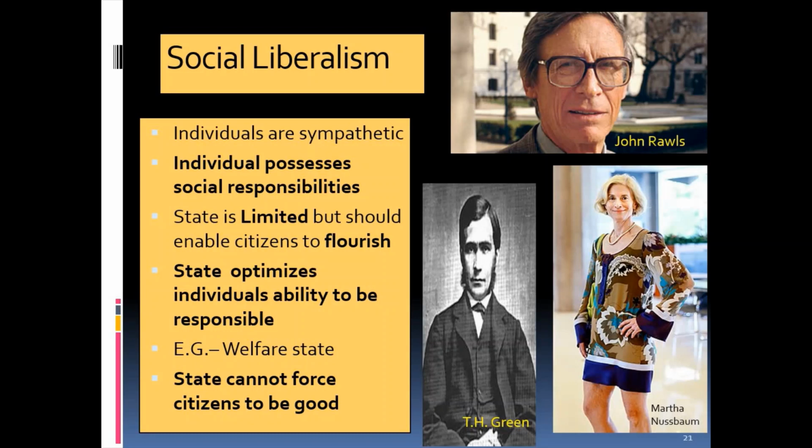But we would have another strain of liberalism, which we could find in the work of the social liberals. And there's a variety of social liberals. I've got some of them mentioned there on the slide, so you can see T.H. Green and Martha Nussbaum, John Rawls. I suppose social liberalism would be a species of liberalism which I would argue sees that there ought to be a broader and more expansive role for government.